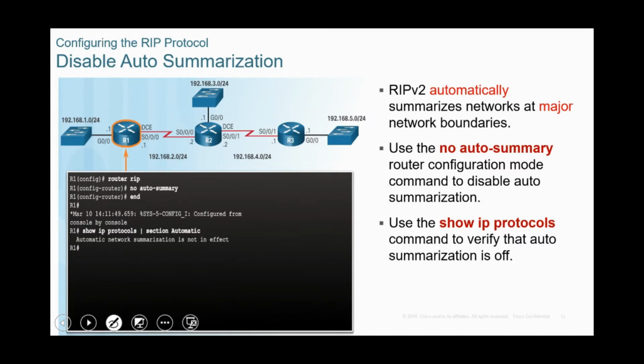You will see here that automatic network summarization is not in effect. That means you have successfully implemented no auto-summary, so you don't allow the router to do the automatic summarization.